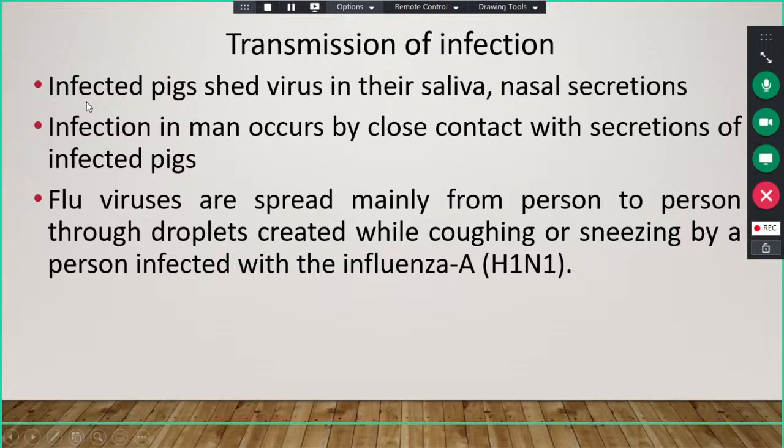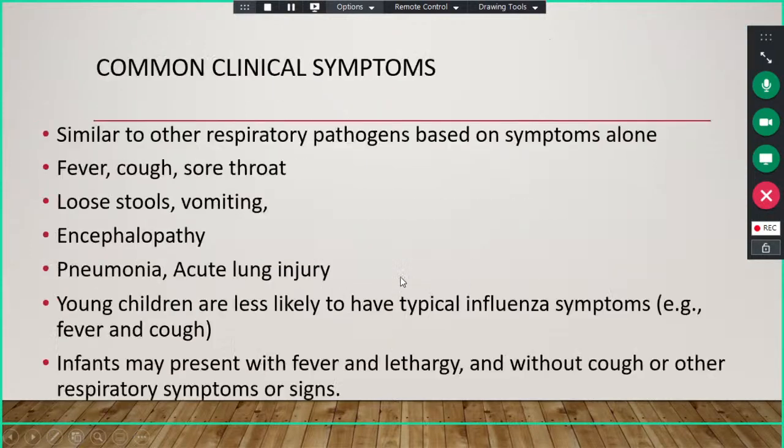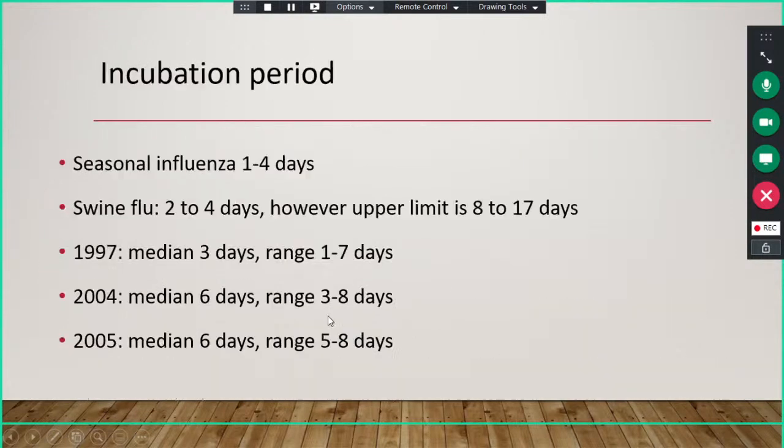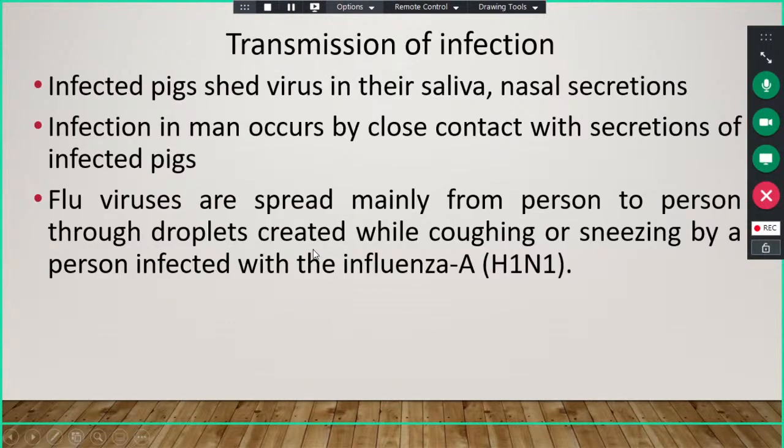Transmission of infection occurs as infected pigs shed virus in their saliva and nasal secretions. Infection in humans occurs by close contact with secretions of these infected pigs. Flu viruses are spread mainly from person to person through droplets created while coughing or sneezing by a person infected with influenza.